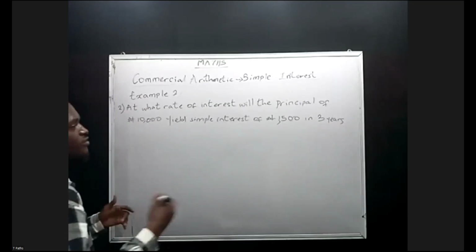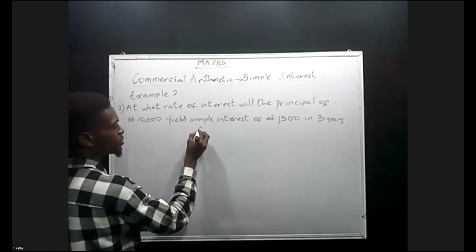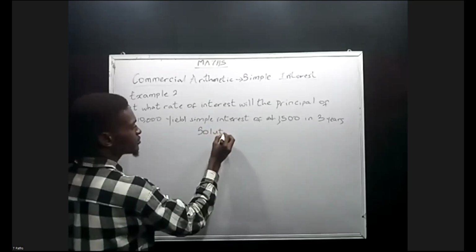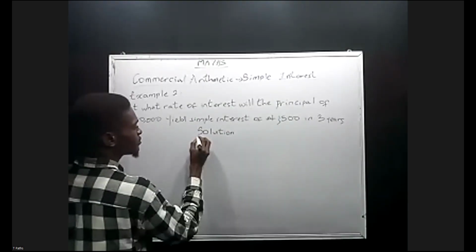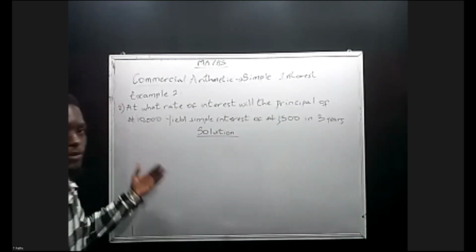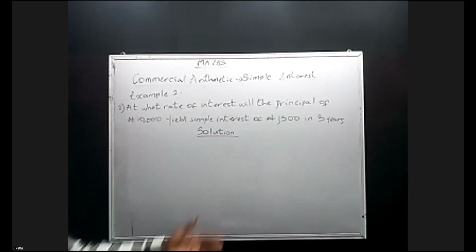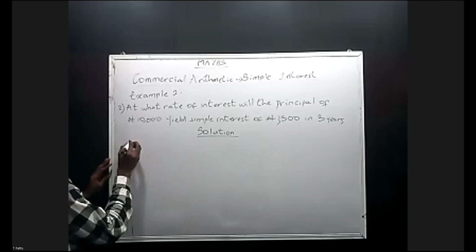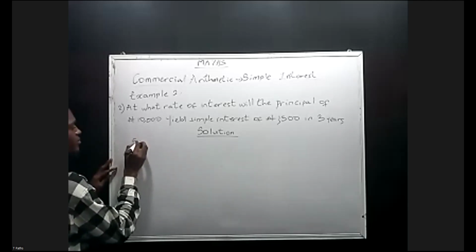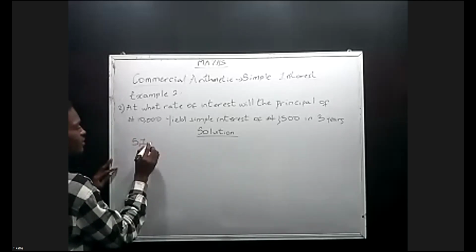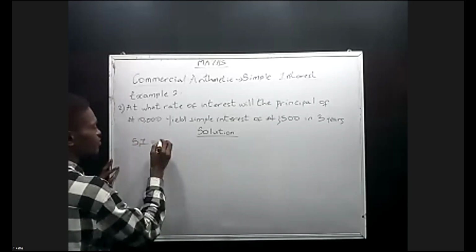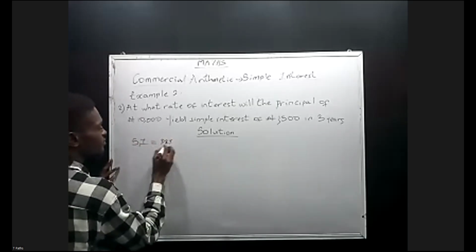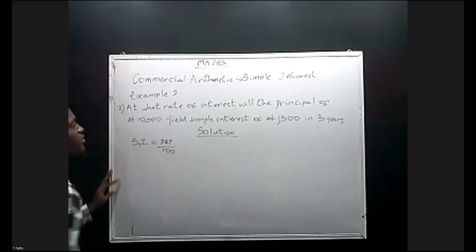I said the first thing to do is to interpret the question. We just have to solve formulas. We have the formula for simple interest and we have the formula for the amount, for the total amount. Let's just say I'm writing just my simple interest formula. If you need the other one, I write it. So it's PLT over 100.